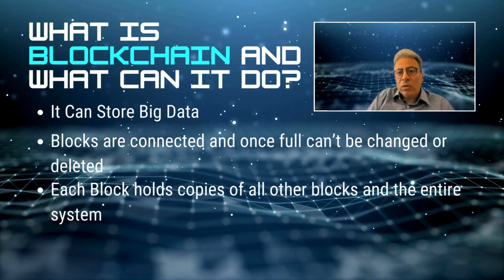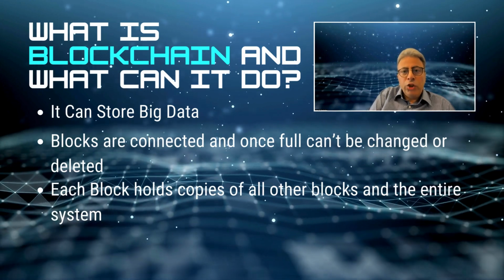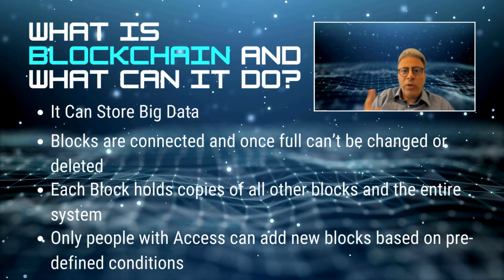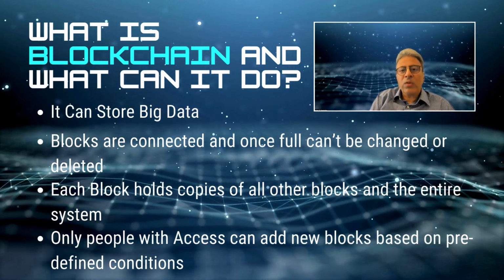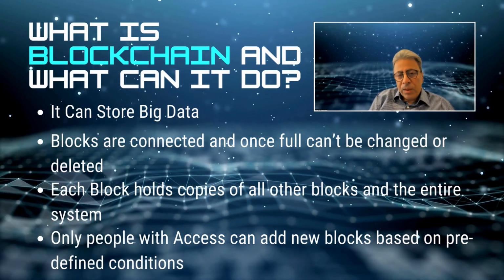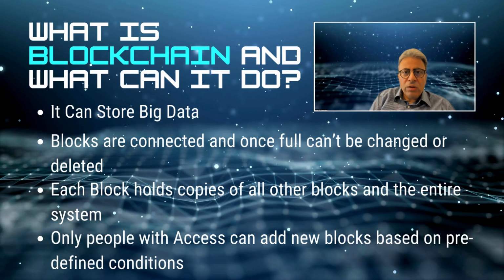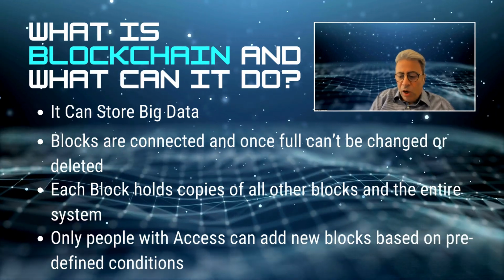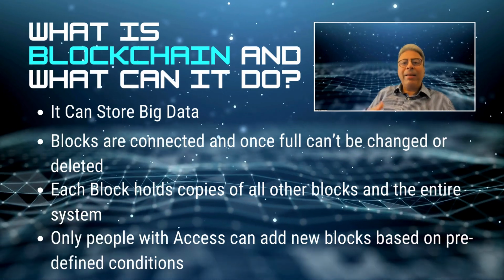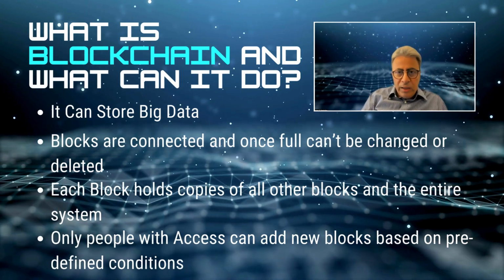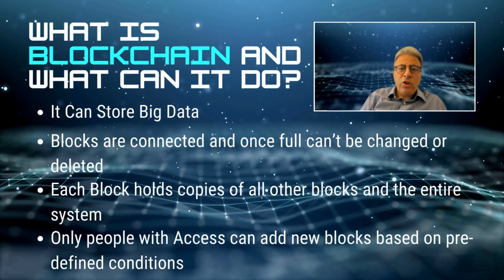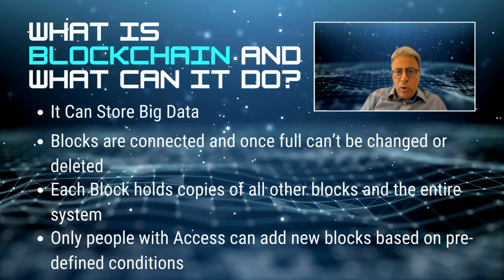So you cannot add any new block unless all the blocks agree and approve, or all the people controlling the other blocks agree and approve. So there are certain predefined conditions that you must follow in order to add information. Adding or modifying information is not for anyone. If you want to add or access the information, you have to be one of those who have access.